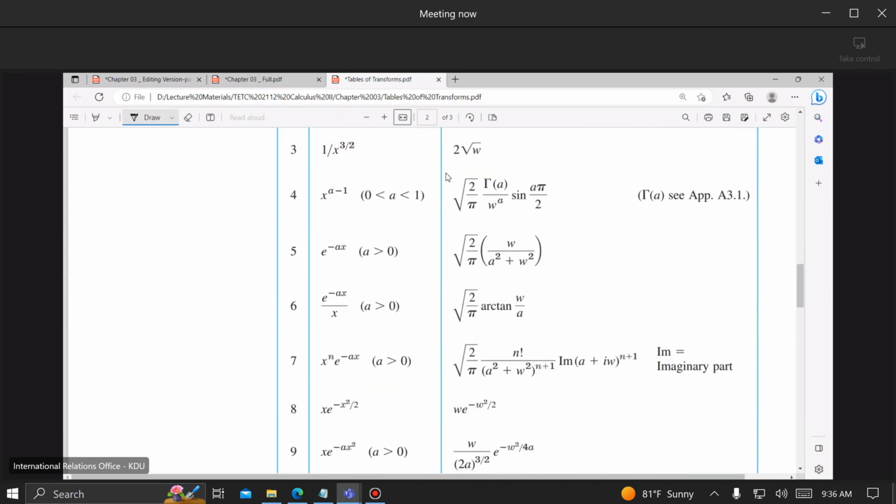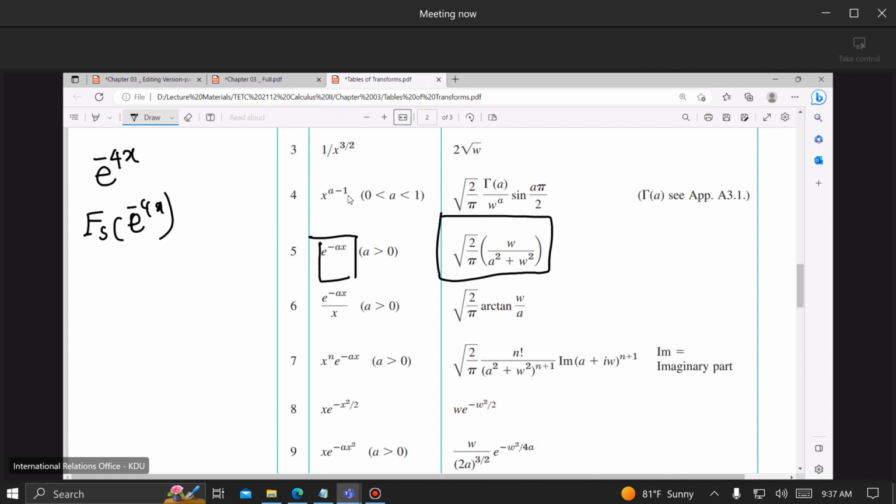Consider e to the power minus 4x, and we are asked to find the Fourier sine transform of e to the power minus 4x. Here also we need to consider this one, and the respective transform is this one.